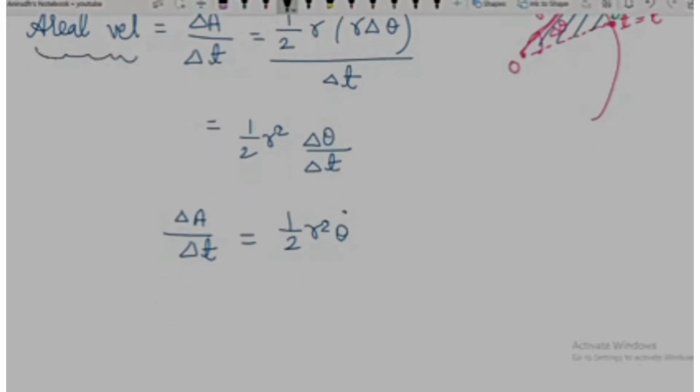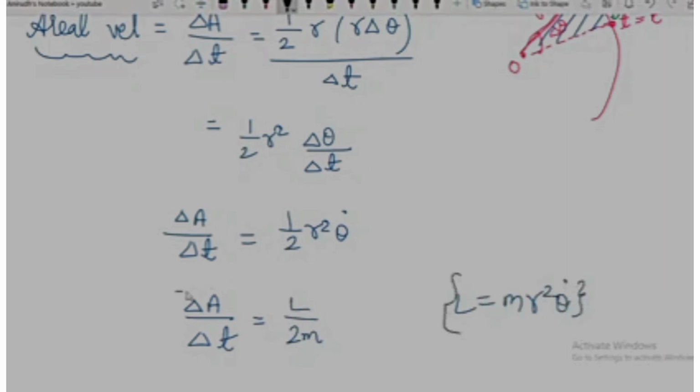We are going to find the relation between the areal velocity and angular momentum. Delta A by delta t is equal to L by 2m, since L is equal to m r square theta dot. From that we get the areal velocity equal to L by 2m. This topic is very, very important, and this is a very basic necessary topic.